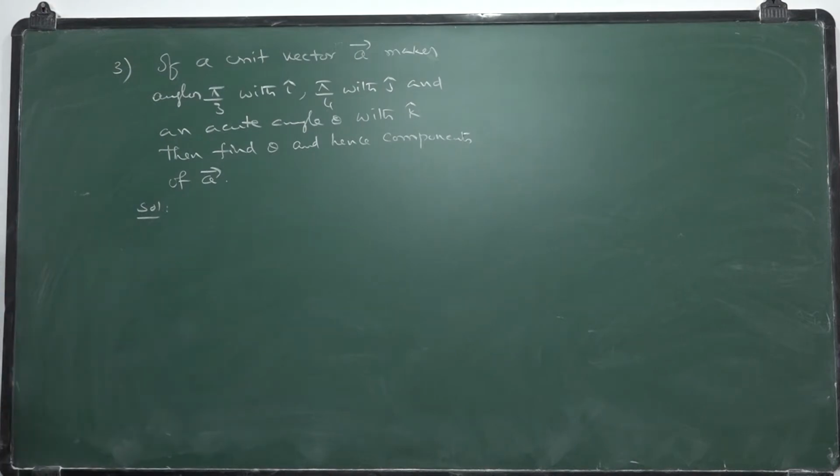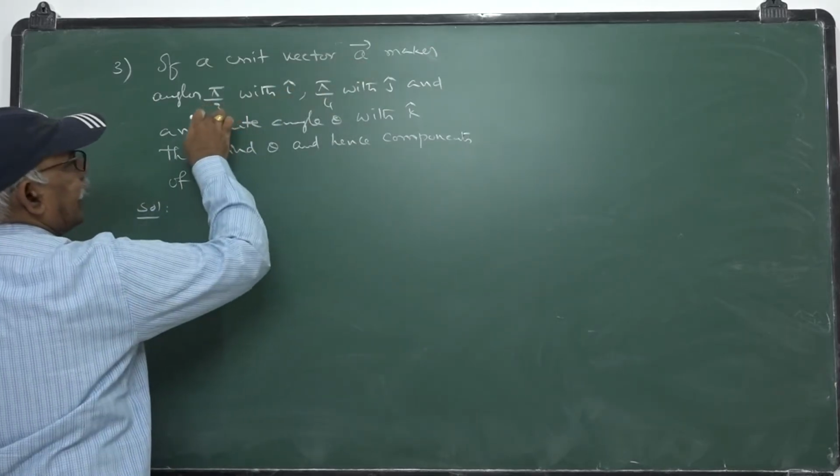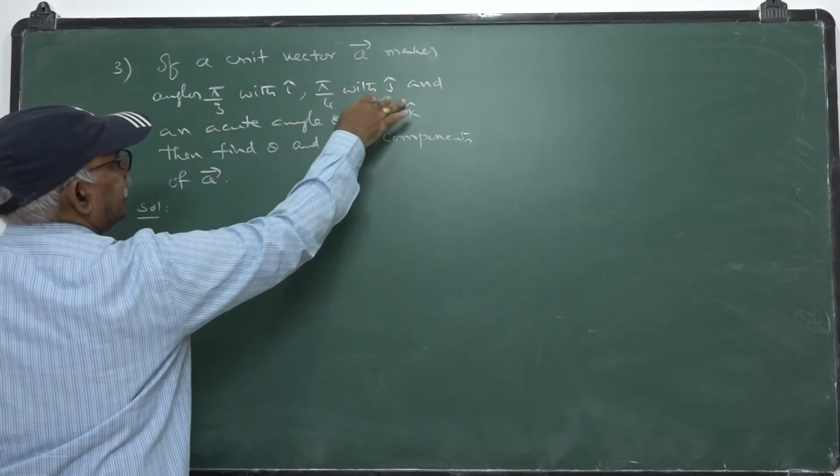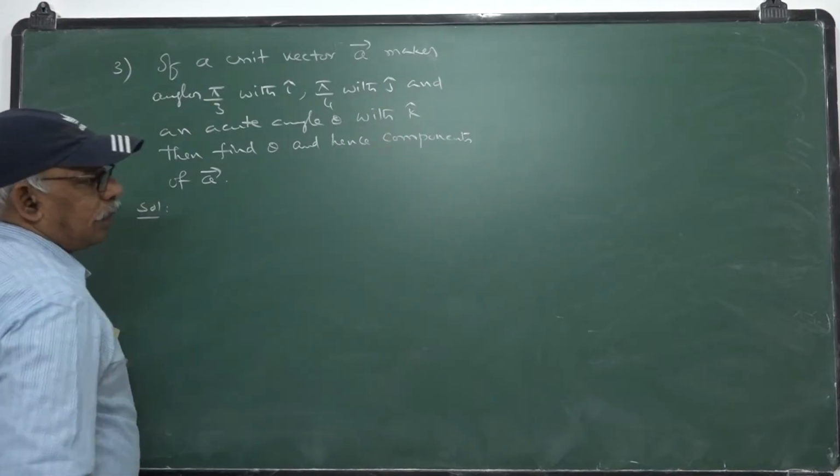The vector a bar is making pi by 3 angle with i, the unit vector along the x-axis. Hence the vector is making pi by 3 angle with the x-axis. Pi by 4 angle with j means pi by 4 angle with the y-axis.